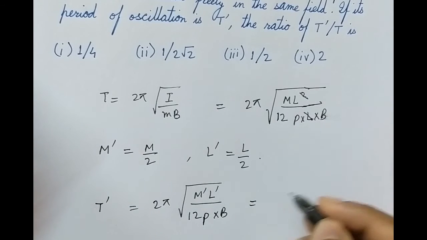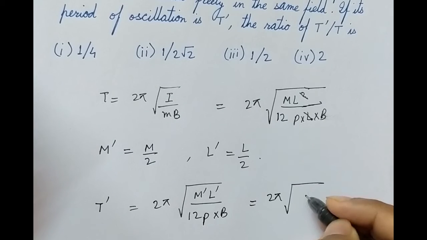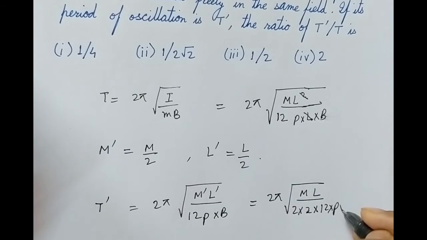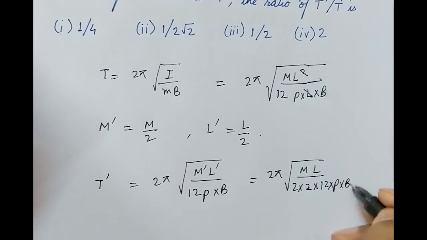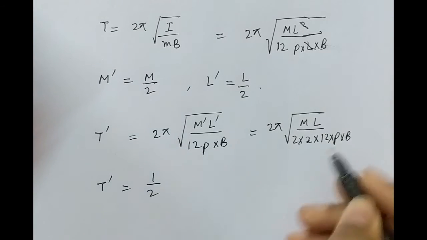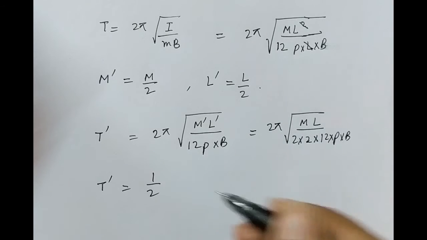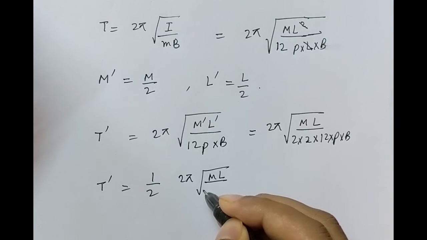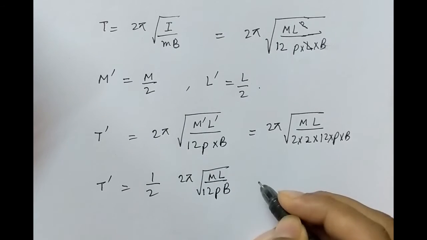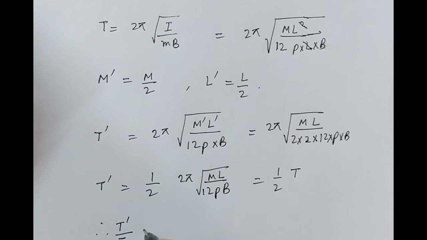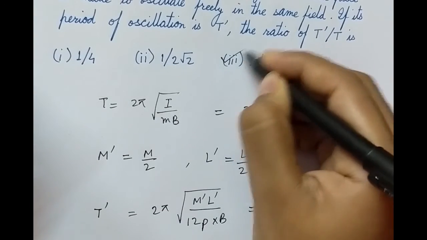So if you put the quantities here, you get 2 pi root over of m by 2 into L by 2 whole square, divided by 12 into P into B. This is the original time period, so I can represent T dash as 1 by 2, 1 by 4, when it comes out of the root comes out as 1 by 2, times 2 pi root over of mL square by 12PB, that is equal to half of the original T. Therefore, T dash by T is equal to half. So the correct option is again option number 3.